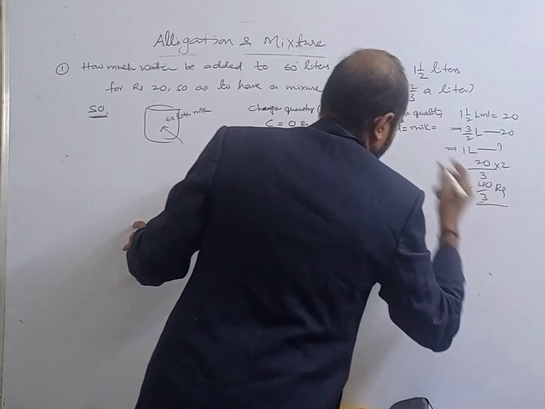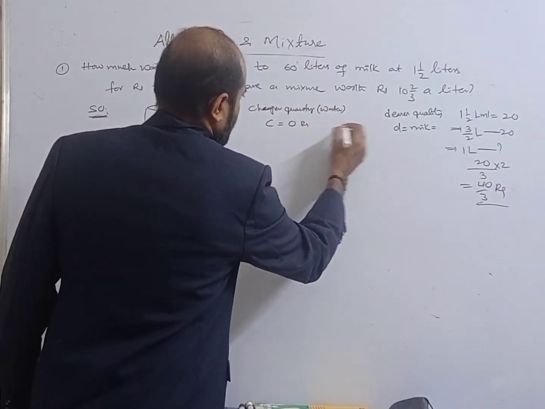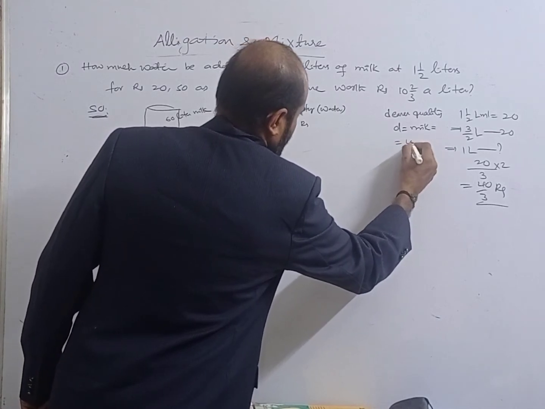Therefore the cost of the dearer quantity, milk, is 40 by 3 rupees.